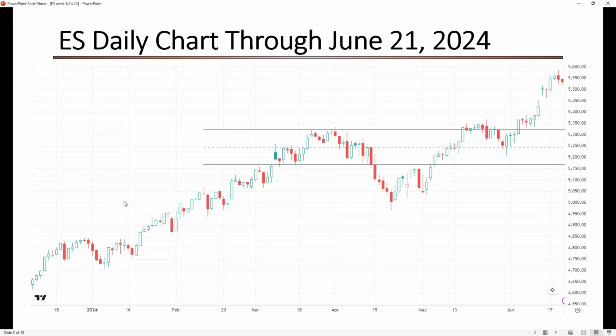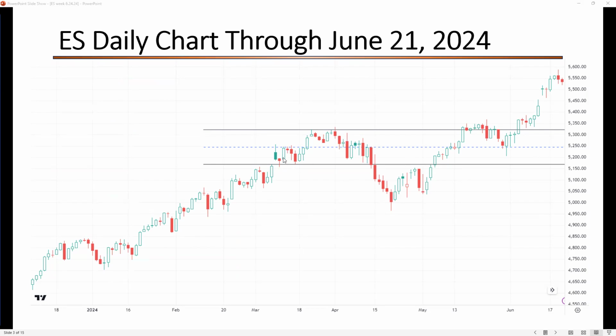Before we review this week's market opportunities, it is helpful to zoom out and take a look at the larger trend. This is the ES daily chart starting from the beginning of 2024. As we can see, the market has been in a clear uptrend since the beginning of the year.